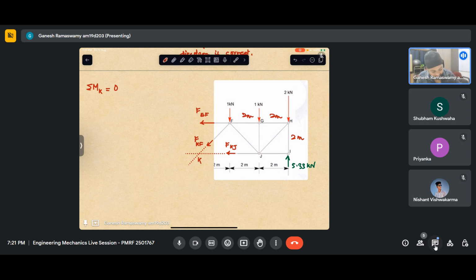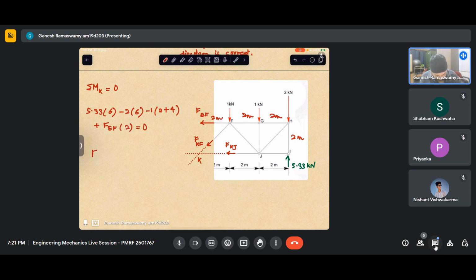So in such a case, we can write this as 5.33 into this distance, which is 6, minus 2 into 6, minus 1 into 2 plus 4, because I have summed up this and then separately taken this. And then this is also 2. So I will have plus FEF into 2 equaling 0.